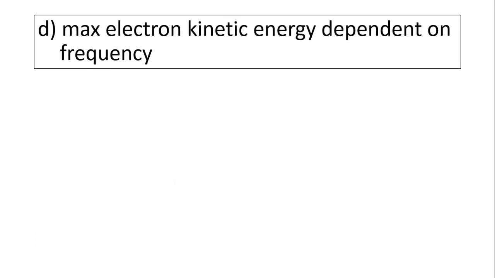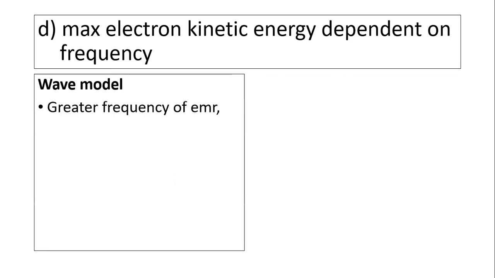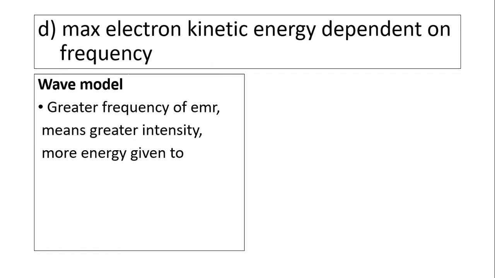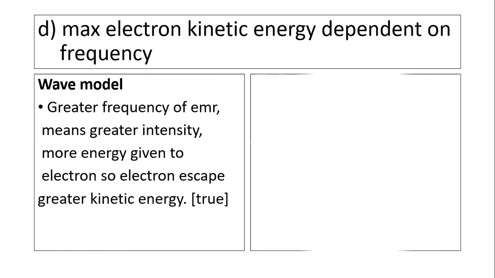Maximum electron kinetic energy depends on frequency. Wave model: greater frequency of electromagnetic radiation means greater intensity, more energy given to the electron, so the electron escapes with greater kinetic energy, which is true. Except you have to qualify: greater kinetic energy, correct, but it cannot keep on going further.